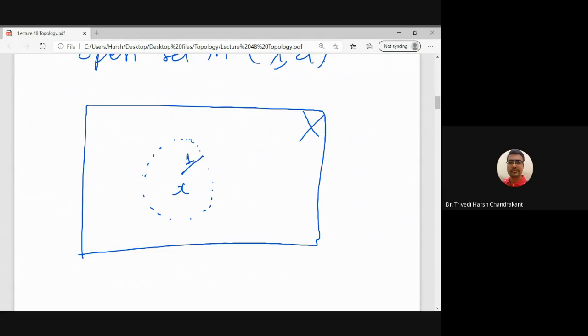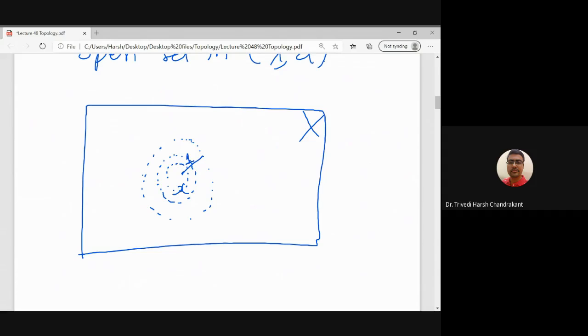Then we can consider the radius half, which will be this ball. Then we have radius 1 by 3. All these are the elements of Bx.